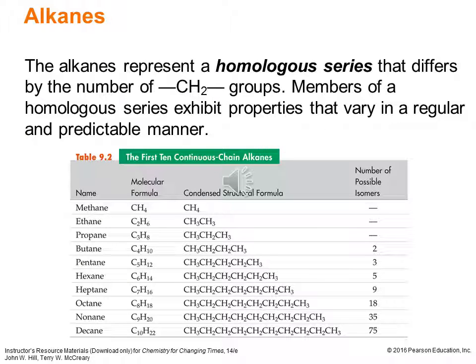Alright, the straight chain alkanes represent what we call a homologous series. So that just means we differ by the number of spacer CH2 groups that we have. And so any homologous series will vary in a regular, predictable pattern. And if you look at that table 9.2, you can see methane to ethane to propane to butane, all the way down to decane. We've just added another CH2 spacer group in the middle.